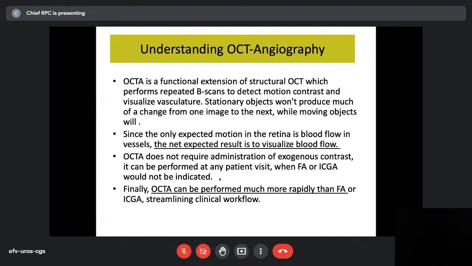Patients have to be fully dilated, whereas with the present SLO systems and the Topcon, you can do without dilatation also. So it's very quick to do. The workflow in an OPD is really smoothened out with OCT and OCTA.